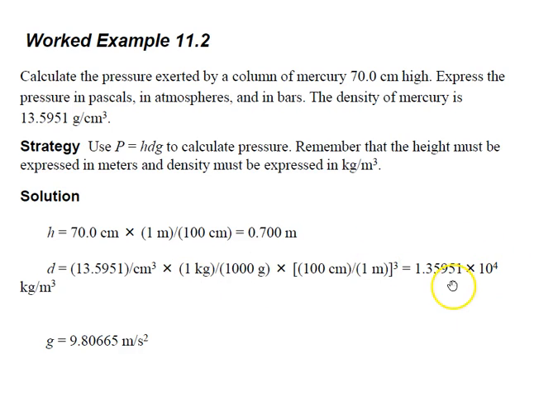So converting this, we get this value, 1.35951 times 10 to the 4th kilograms per cubic meter. And our G, I'm sorry, I'm just in the habit of saying G for grams, mass, but that's actually gravity. So we're on the Earth, so the gravity pushing down on us is a constant, 9.8 meters per second squared.